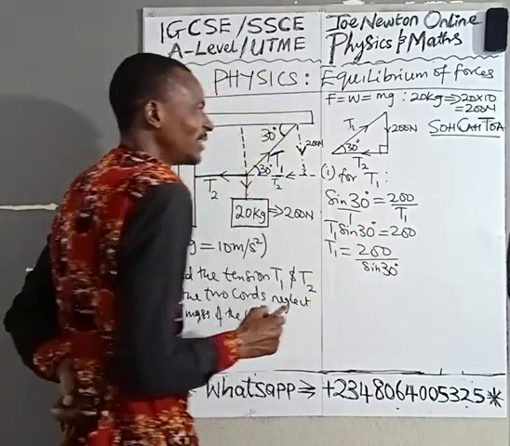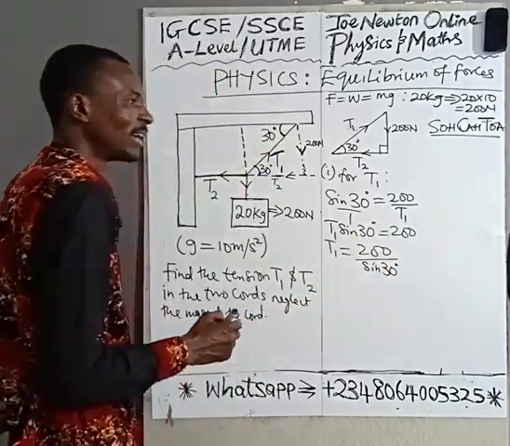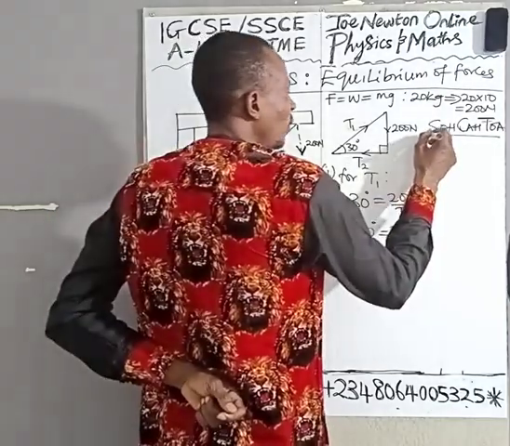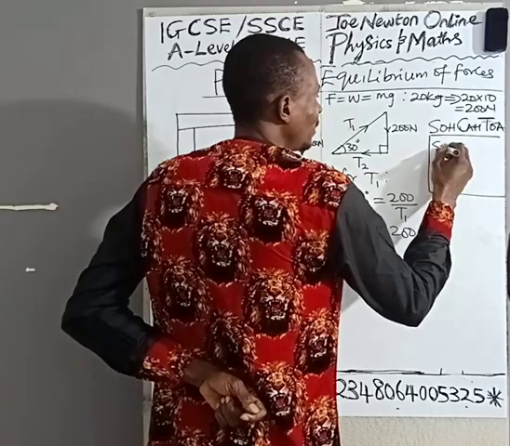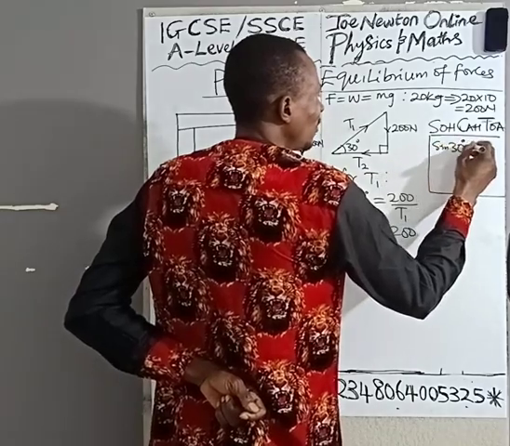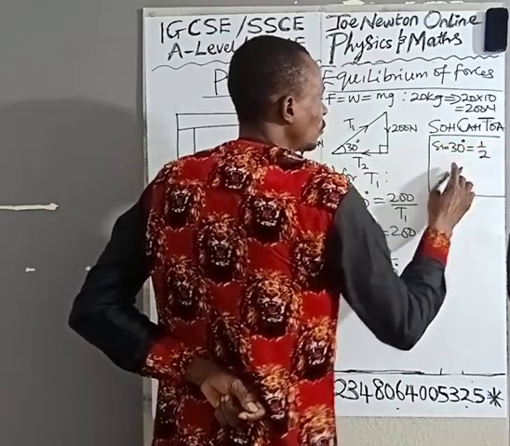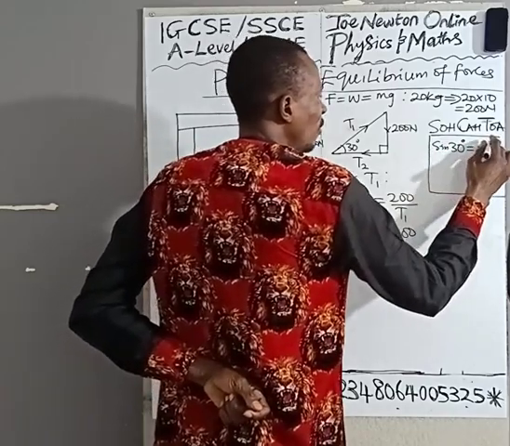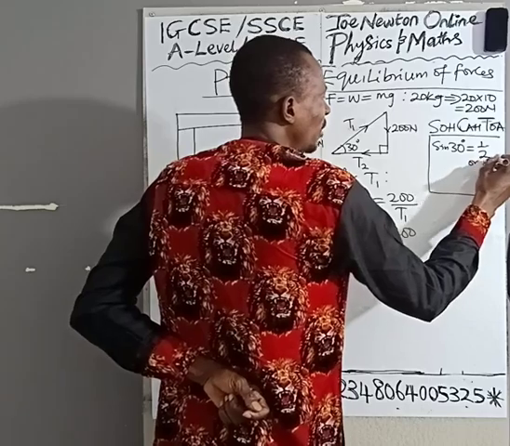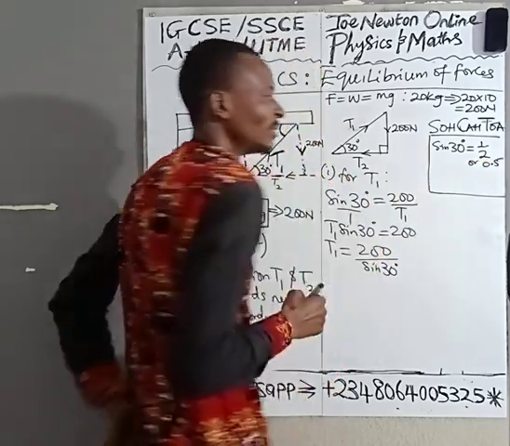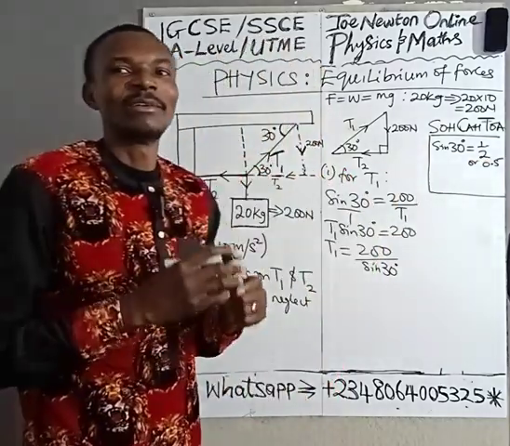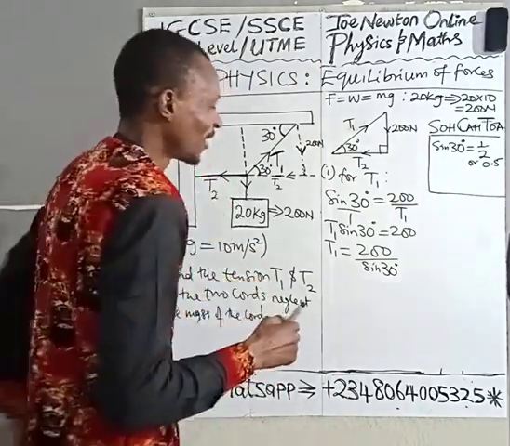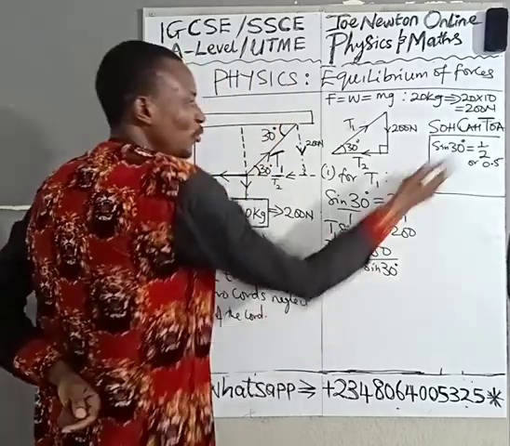Now, remember that sine 30 degrees is equal to 1 over 2 or 0.5. That is sine 30 degrees in our trigonometric ratio functions. So we substitute it here. Let's use 1 over 2.